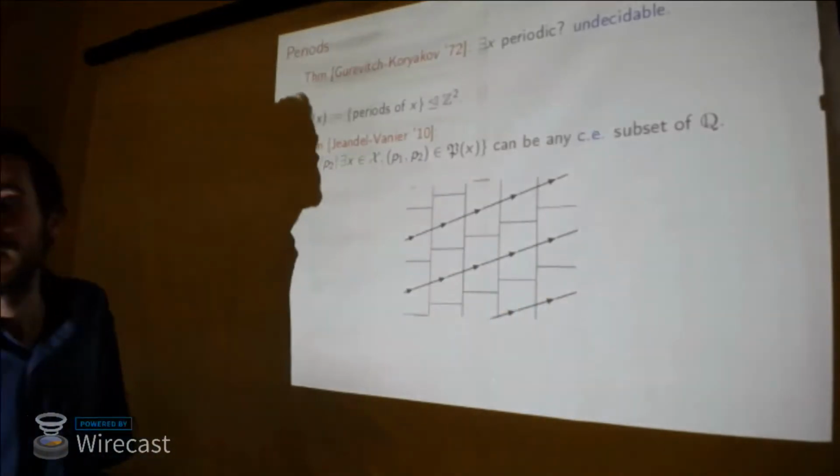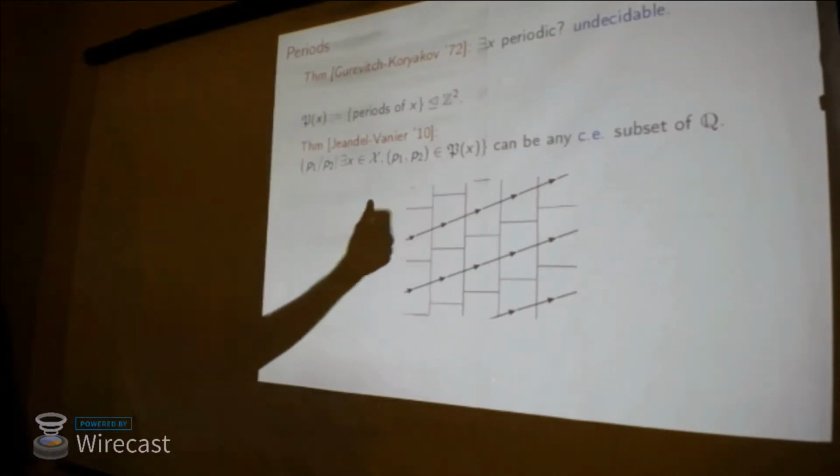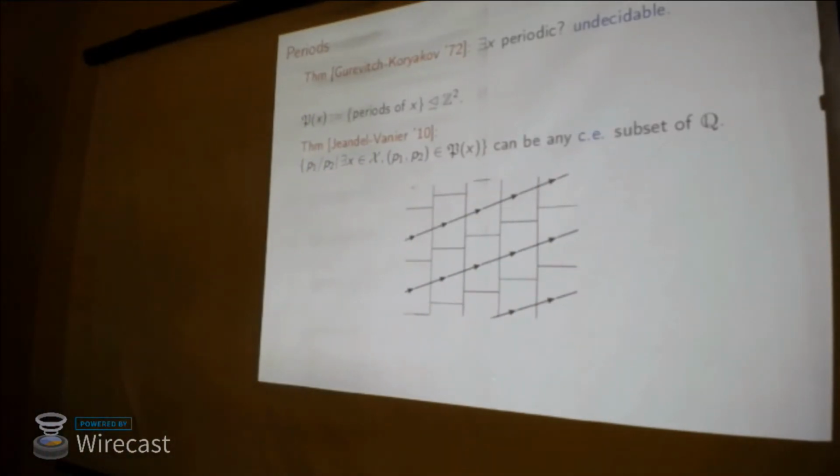I think this is the correct one. So you don't have any other period for small x outside of this line. But for capital X, you may have many x's with different periods, and I'm interested in this set, and it's any computably enumerable subset.